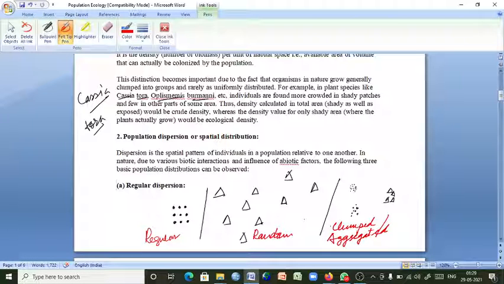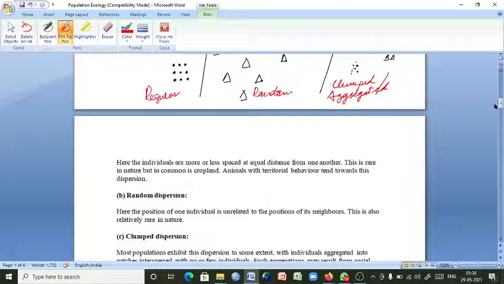So, in case of regular dispersion, although it is very much rare, here the individuals are more or less spaced at regular and equal distance from one another. We can manage this in a cropland, as here we determine how much distance we maintain to propagate a plant from one another.